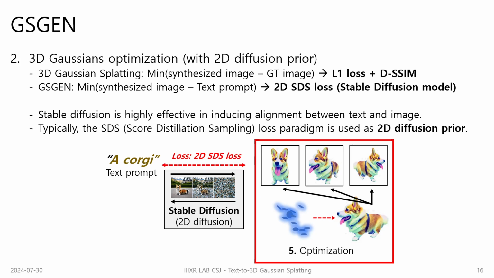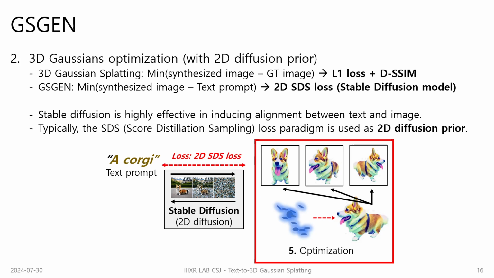However, GSGEN must compare the image rendered from 3D Gaussian splatting with a text prompt. Therefore, to guide the alignment between image and text, which are two different modalities, we use the stable diffusion model. It has been proven in the text-to-3D generation field that stable diffusion is highly effective in inducing alignment between text and image.